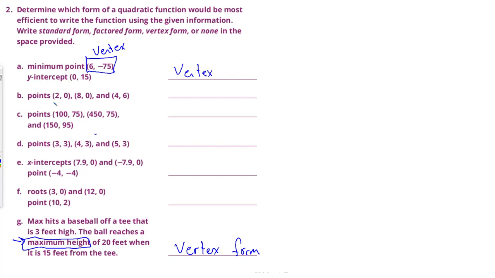Now, for factored form, we need to look for when it crosses the x-axis. So your x-intercepts, your roots, another name for it is your zeros, or it may be written this way. Those all go best in factored form.